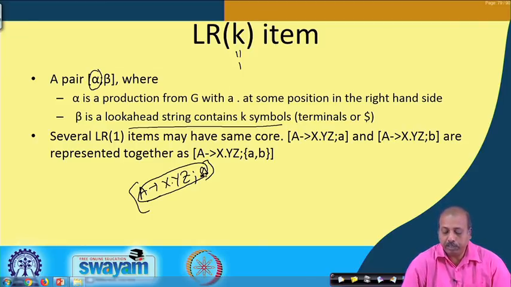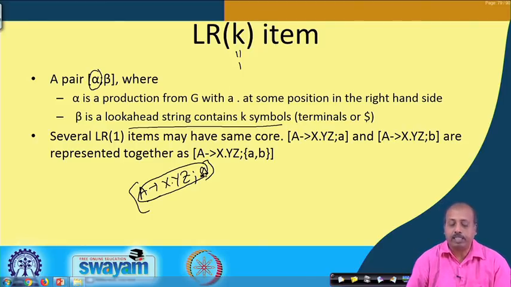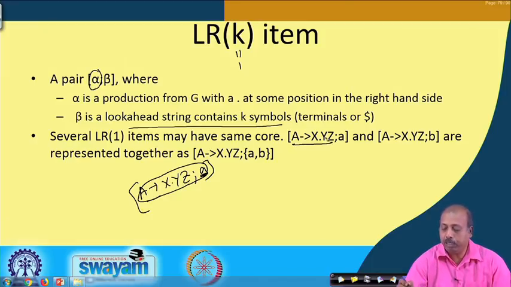They are said to have the same core. Both of these items have A producing x dot y z as the core, so they have the same core, but the next look ahead token is different. Here it is A, here it is B.